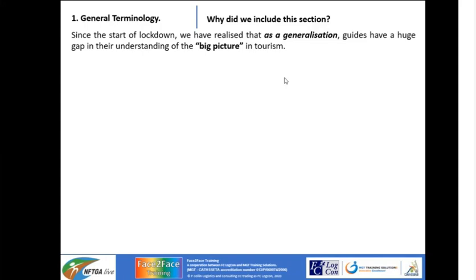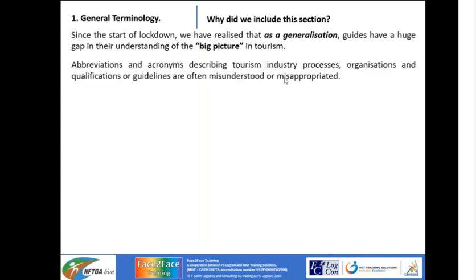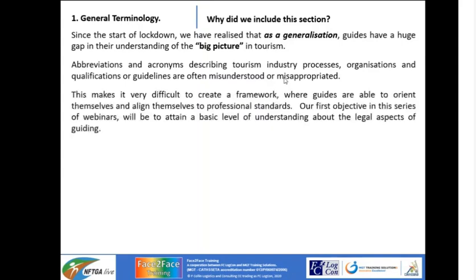Most guides don't seem to actually know the role that is played by a tour operator, the role that's played by a destination management company. So we decided that we would have to first explain some of the basics before actually getting to the business of contracts.